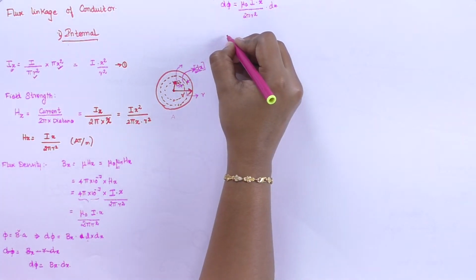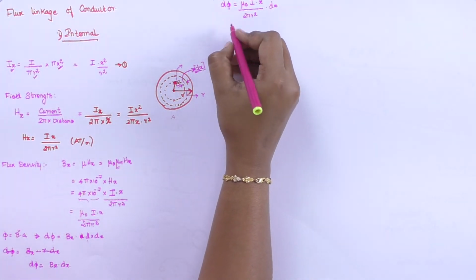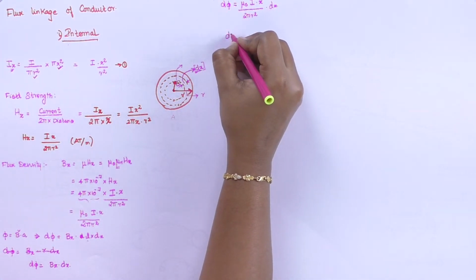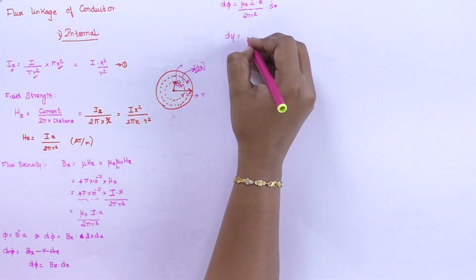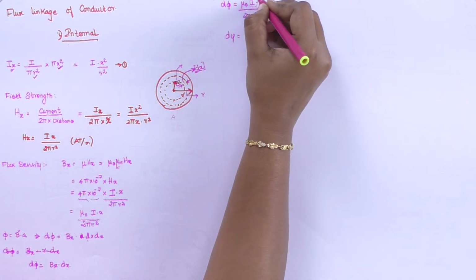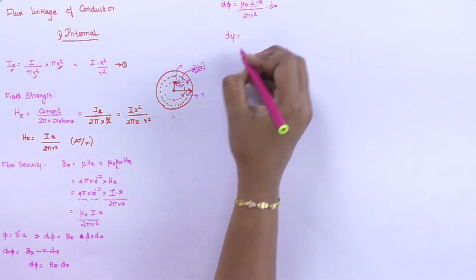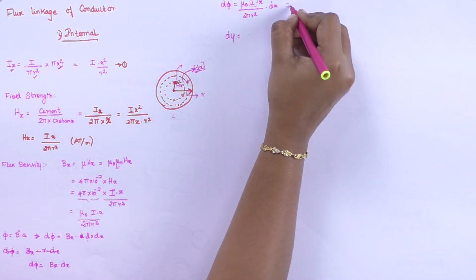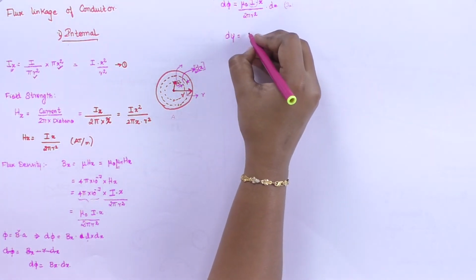The next one, we are going to calculate d psi. From d phi, how we calculate d psi is: this d phi is for the current I, so we have to calculate for the current Ix. So we are replacing I with Ix.